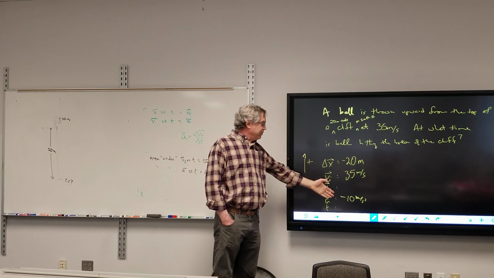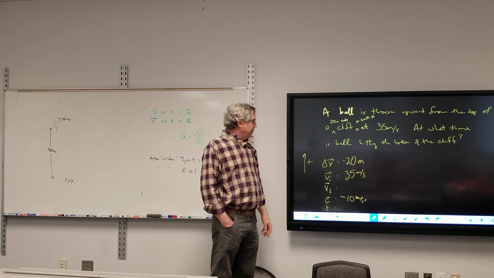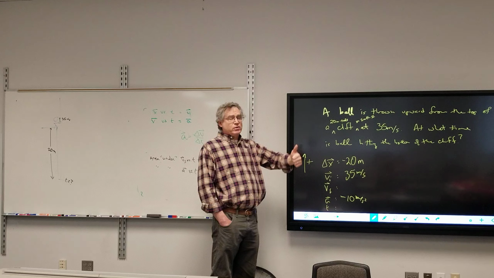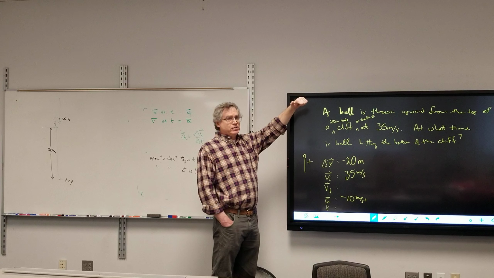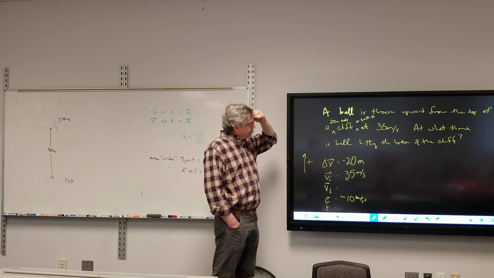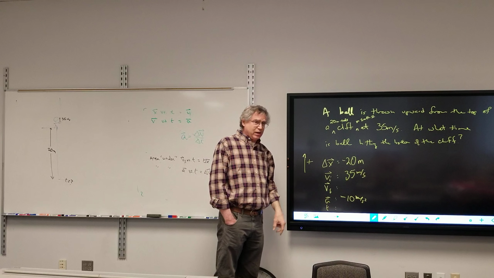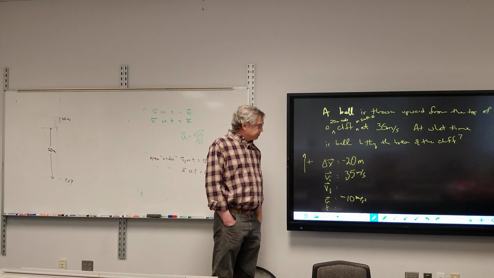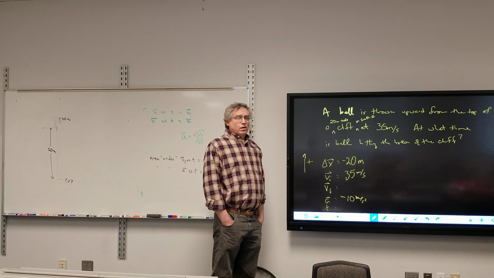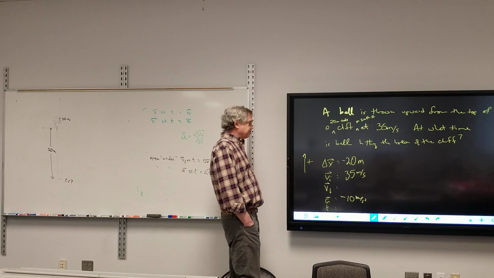If you made everything positive, then you have the thing speeding up as it goes up, and you're figuring out how much time it takes to get to the very top. Or you're throwing it downwards at 35 meters per second, how long does it take to get to the bottom? Comes down to, if the answer doesn't make sense, check your signs.